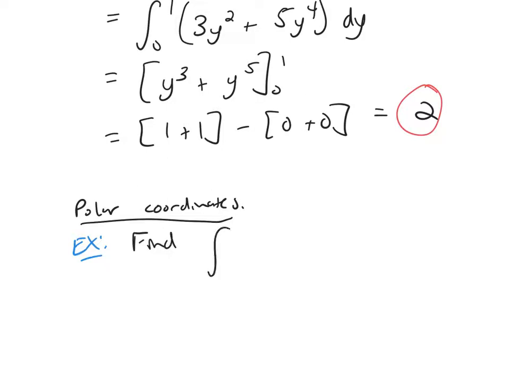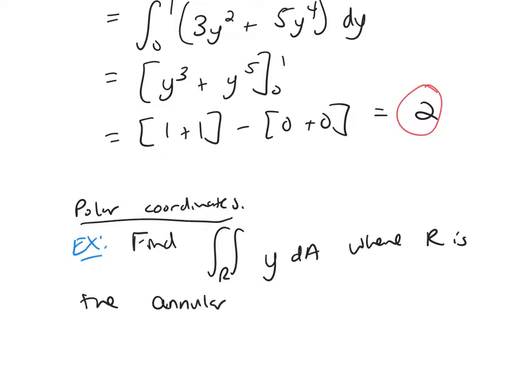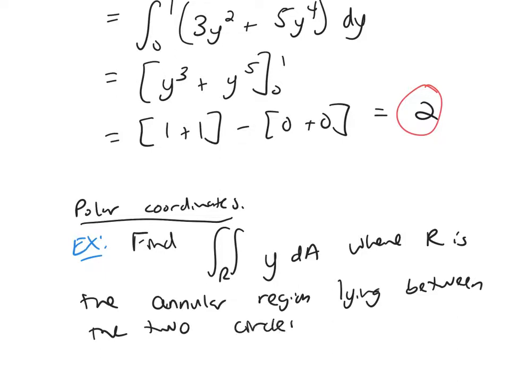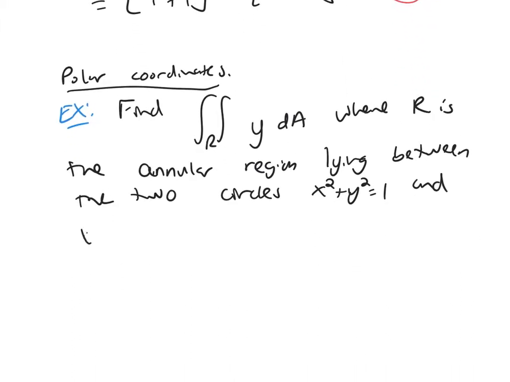Find the double integral over R of y dA, where R is the annular region lying between the two circles x squared plus y squared is 1, and x squared plus y squared is 5.